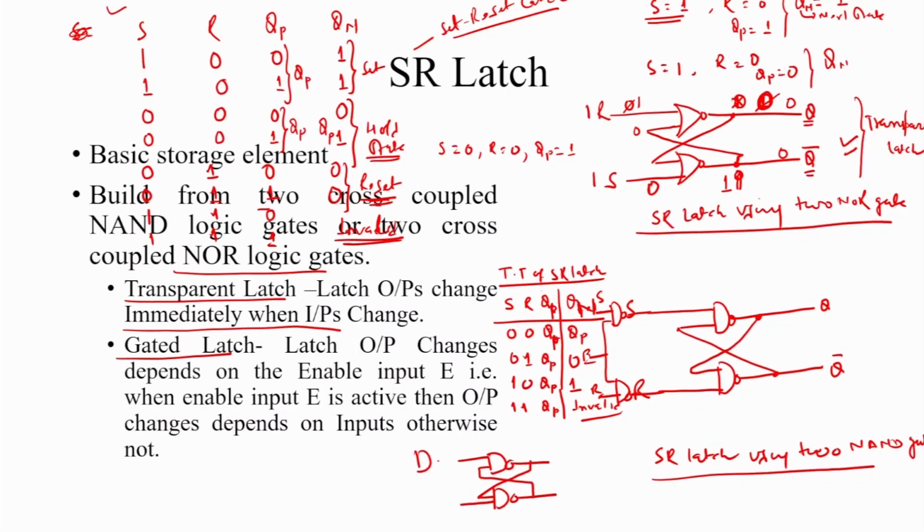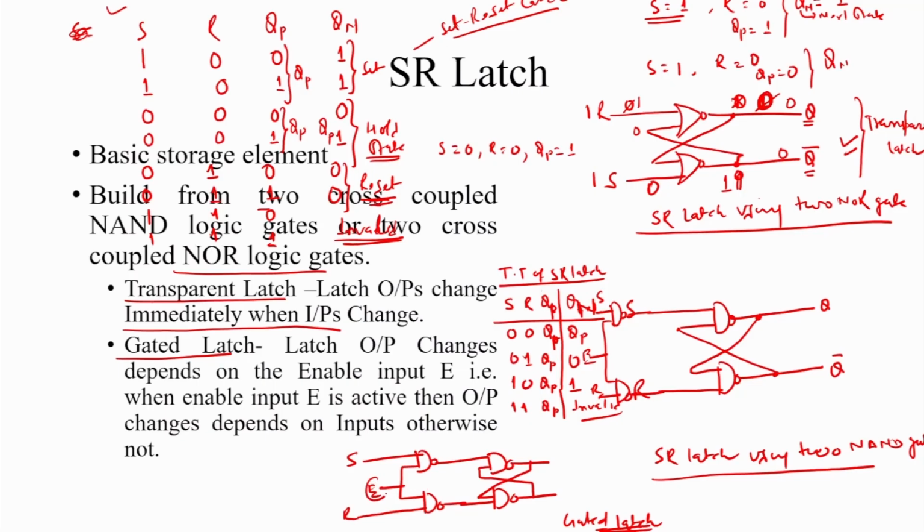Here again we use NAND gates, and there is a common input, and this is S and this is R. Here, this is a gated latch, because the output changes only when this particular input is high.